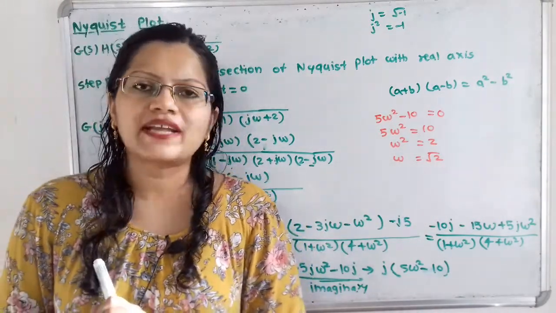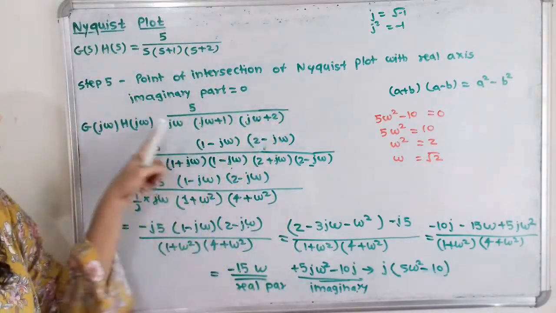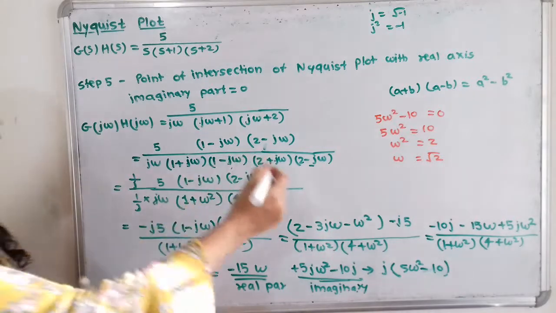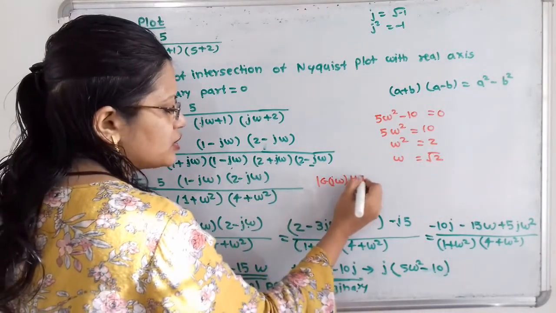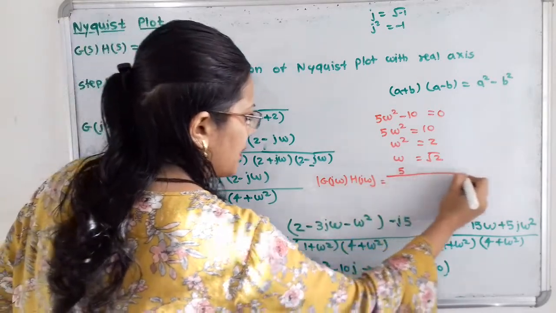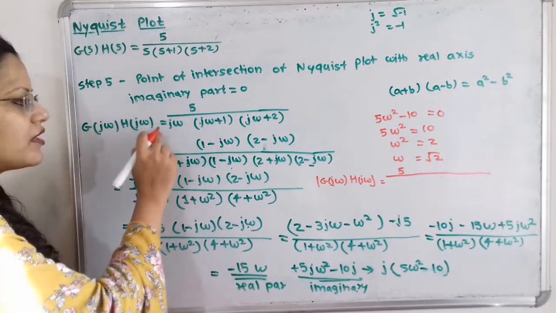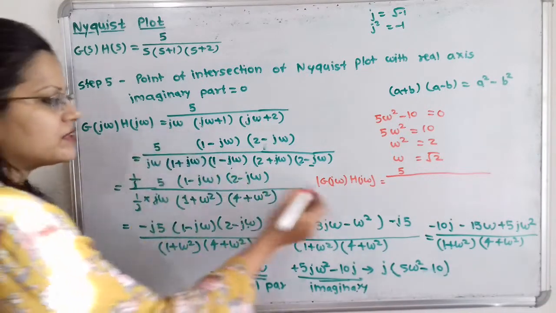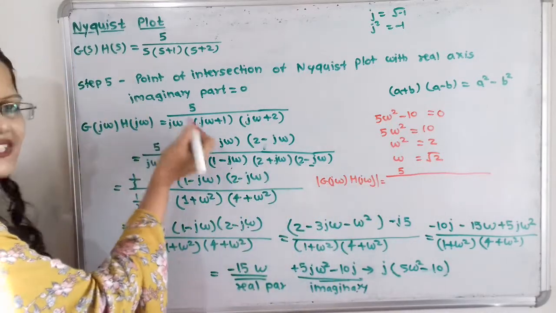Now we have to take the magnitude. So how to take magnitude? We have already written the formula for the magnitude of H j omega, that is equal to 5 divided by, now here for this j square omega square, under root of j square, because here modulus is there, so this j square, that is negative value, is getting cancelled.